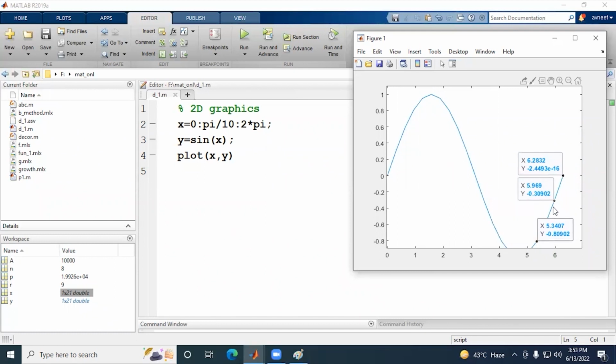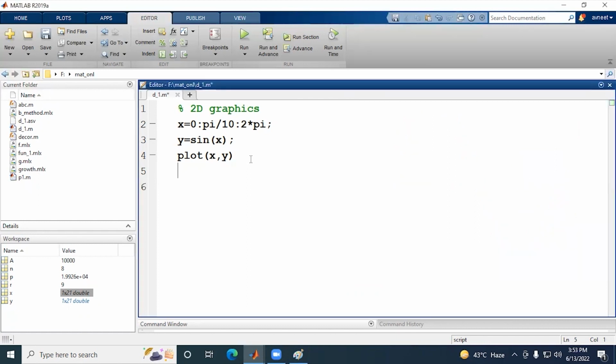We have predefined functions for that also. Just open one more predefined function after this. xlabel, that is, let's say, I'm saying that it is time. ylabel, that is sine.